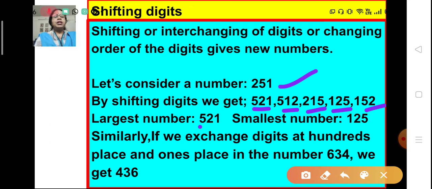The largest number will be 521, and what will be the smallest number? It will be 125.